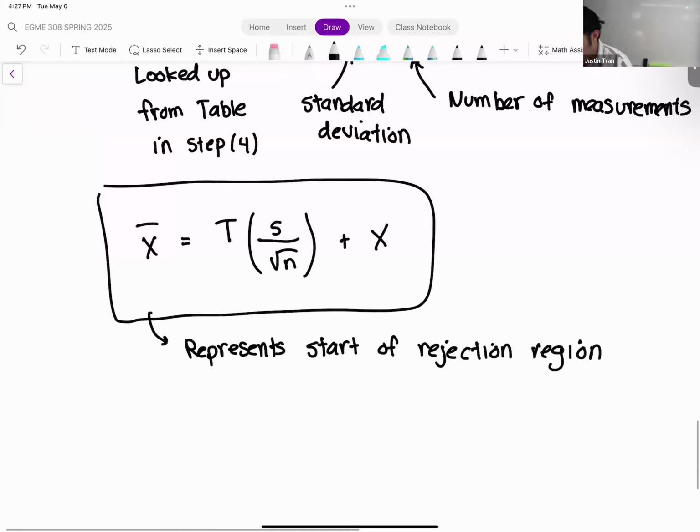Whenever you're running an experiment and testing a hypothesis, you want to find out if you're going to reject your hypothesis based on the data. So this represents the start of the region where, if our data passes this threshold, then we are going to reject our hypothesis.